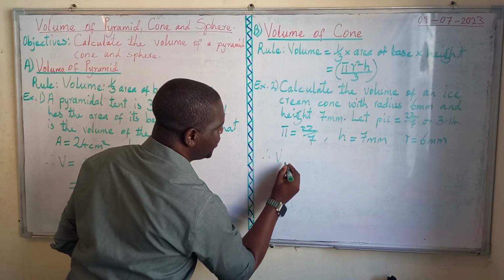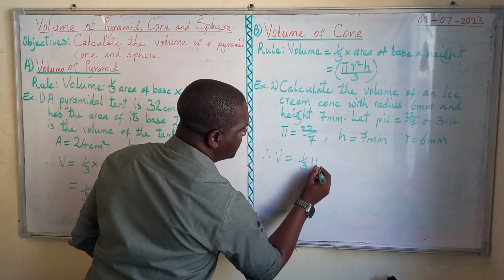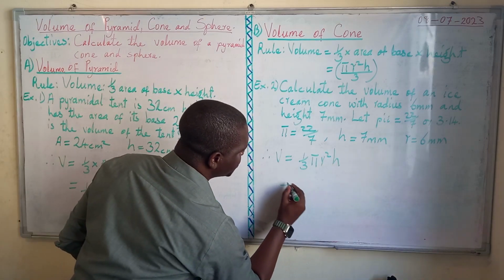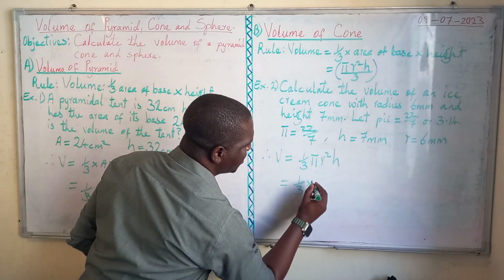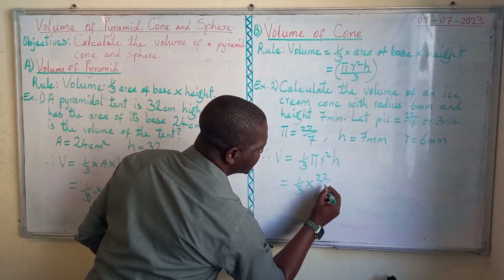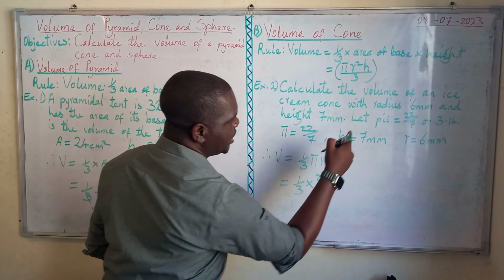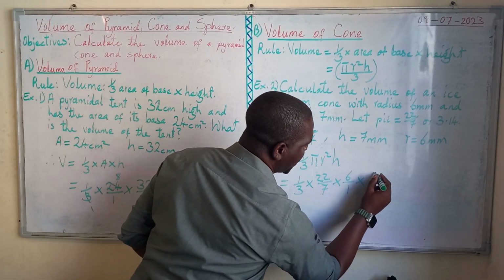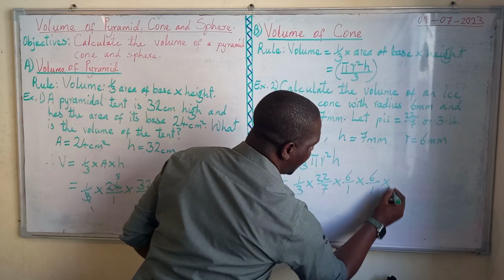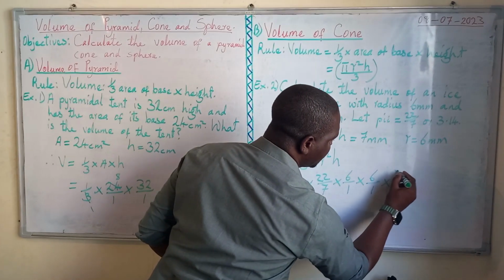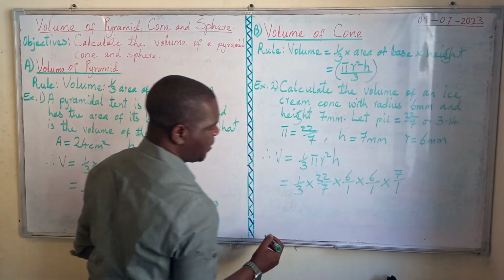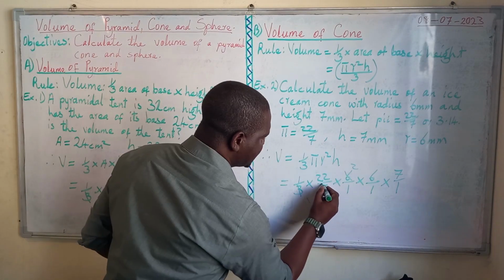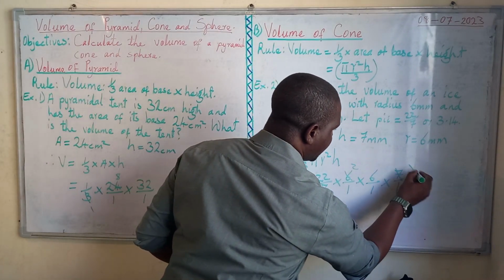Therefore, volume V is equal to 1/3 pi radius square height. If we substitute, this will be 1/3 times pi is 22/7 times our radius here is 6/1. Radius square means radius 2 times, 6 again over 1, and our height is 7 millimeters, 7/1. 3 here 1 time, 3 into 6 2 times, 7 here 1 time, and 7 here 1 time.